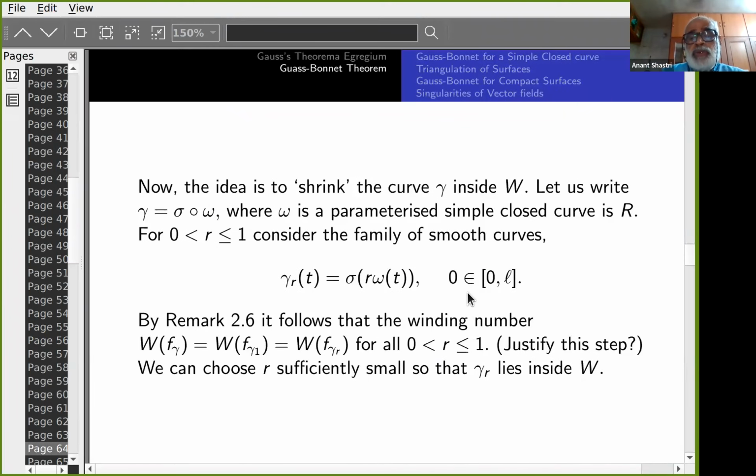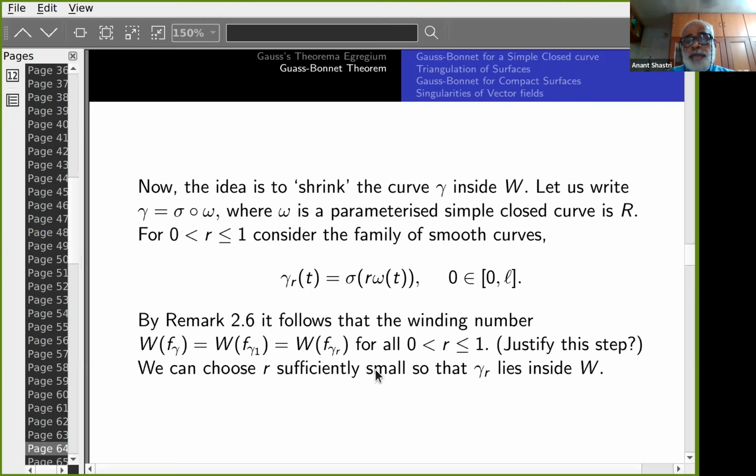So choose r from 1 to whatever, say r naught. Then you can assume that the final result here is such that this gamma r itself is inside. The winding numbers haven't changed because it's a homotopy.